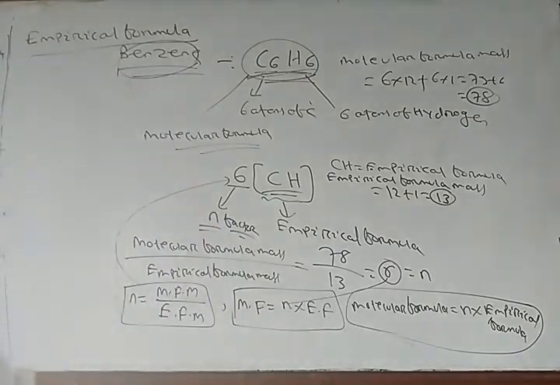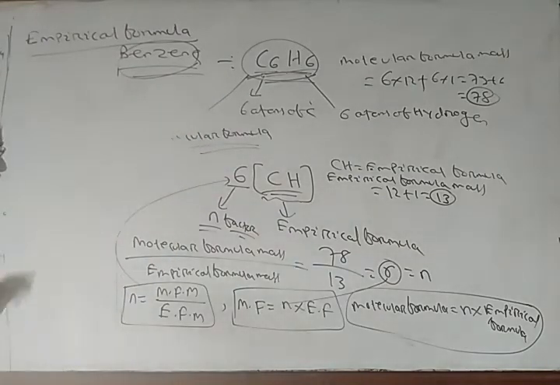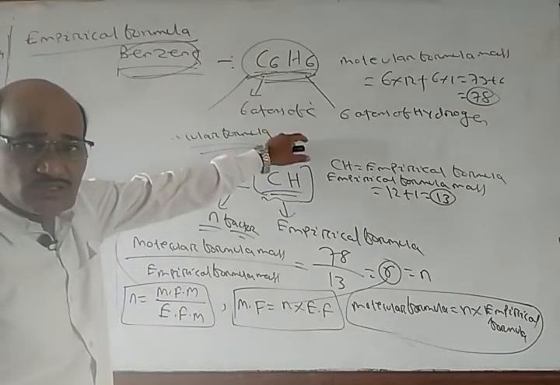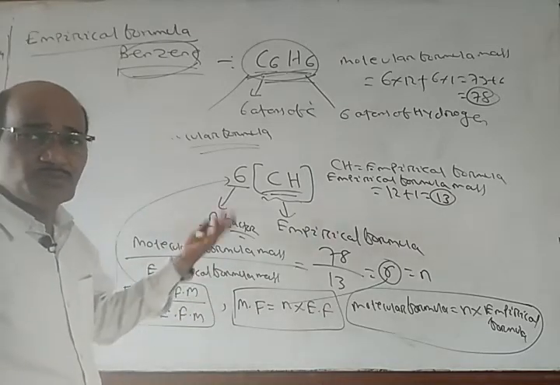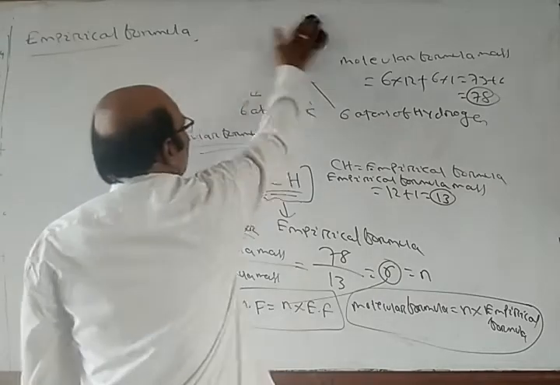Right. Now, is that clear? Simply from the molecular formula mass and empirical formula mass, you can determine the n factor. Then after, if the empirical formula is given, you can find out the molecular formula. Okay. Let's see, I will write a question now.